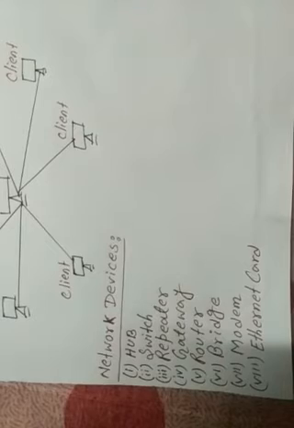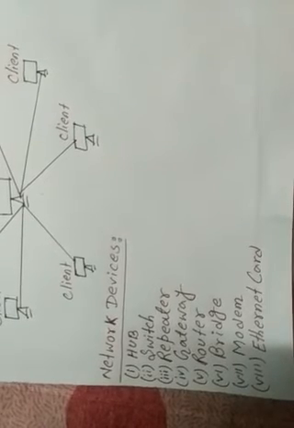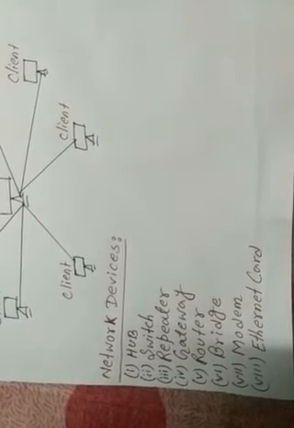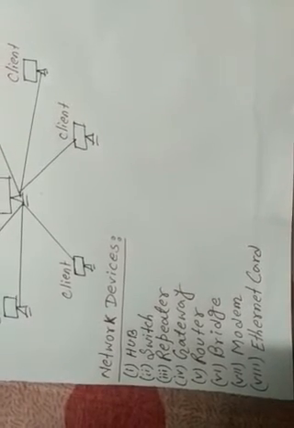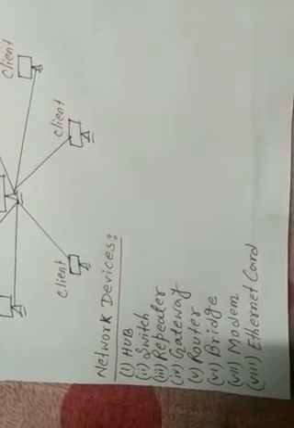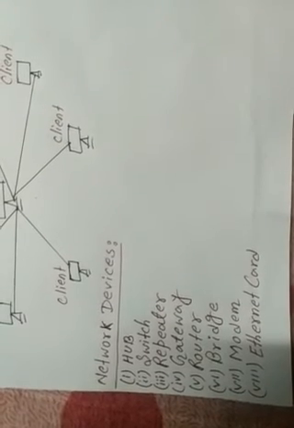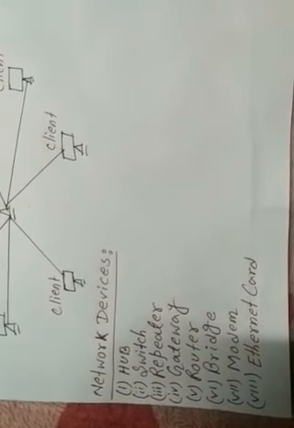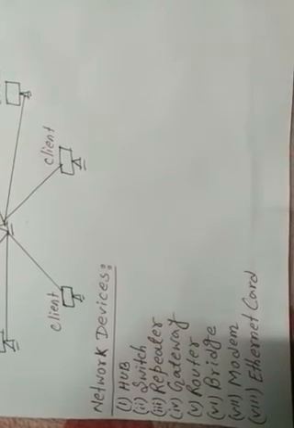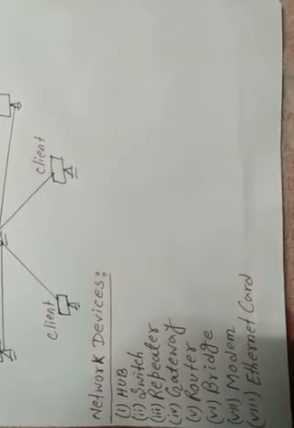A gateway is a device which is used to connect dissimilar networks. Then router. A router is a networking device that forwards data packets between computer networks.